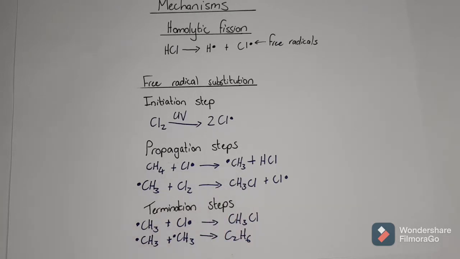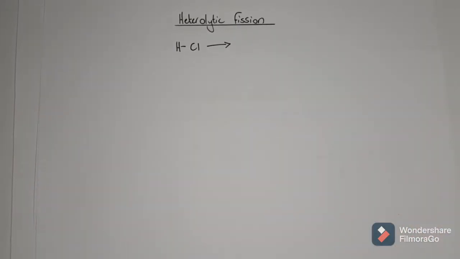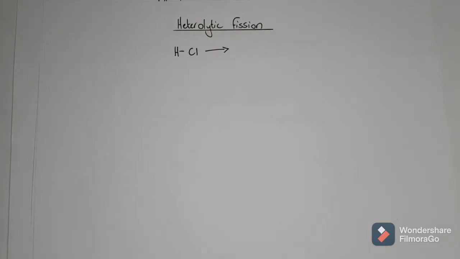So if we look at the different type of mechanism, the second one that we have is called heterolytic fission. So heterolytic fission, when I split a molecule and they become two separate atoms, what happens is the more electronegative one takes both electrons from the bond.